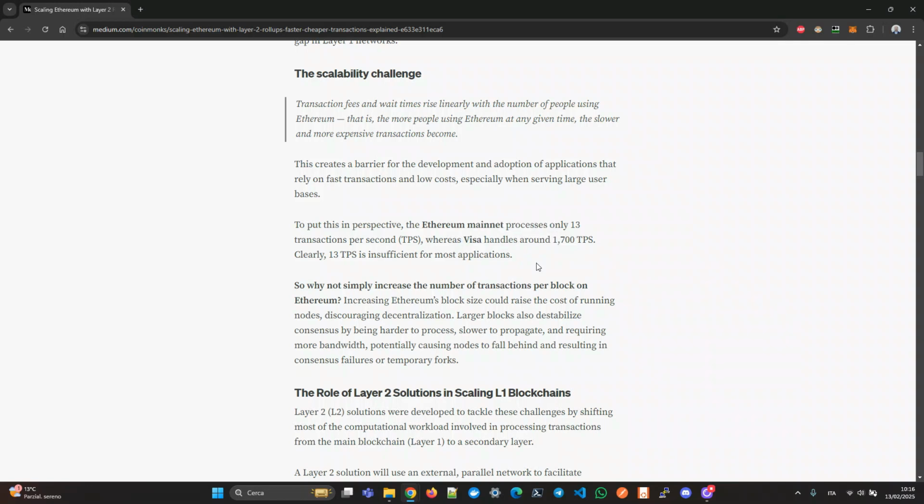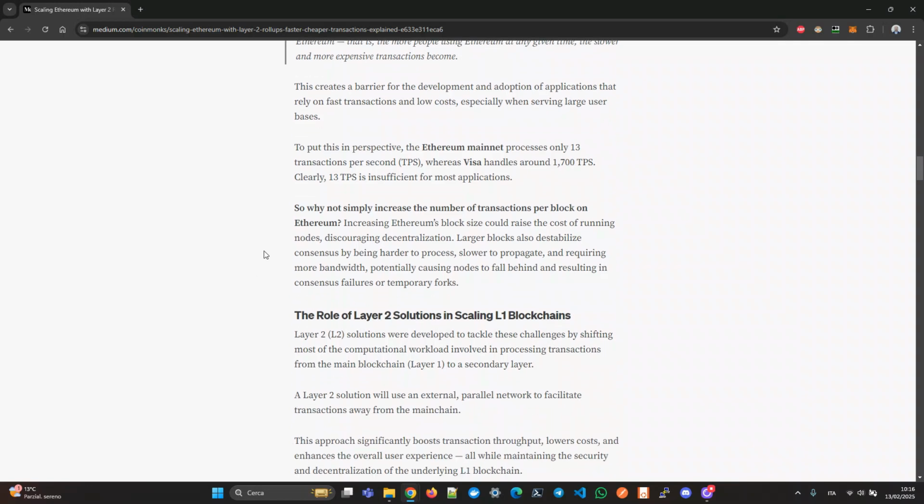So we can understand from these numbers how many fewer transactions the Ethereum mainnet can handle.